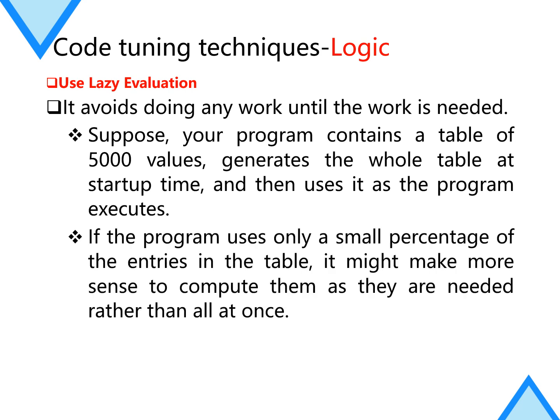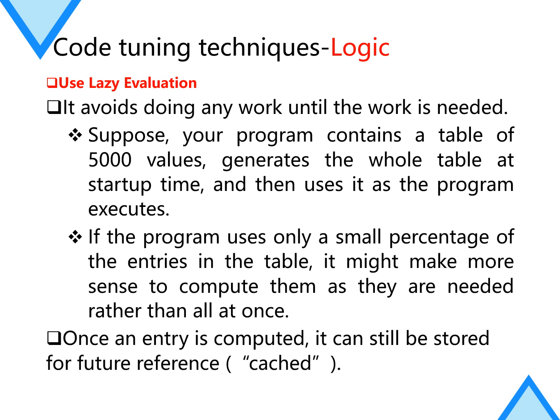If the program uses only a small percentage of the entries in the table, it might make more sense to compute them as they are needed rather than all at once. So the best approach is to generate the value only if it is needed. If it is not needed, then there is no need to generate all the values at startup. This saves a lot of processing time.